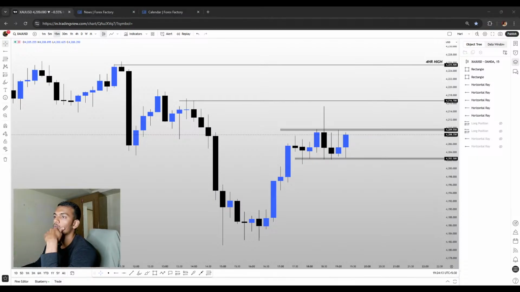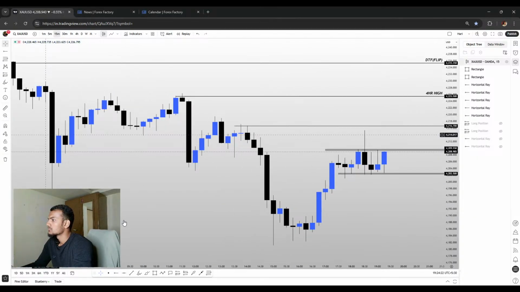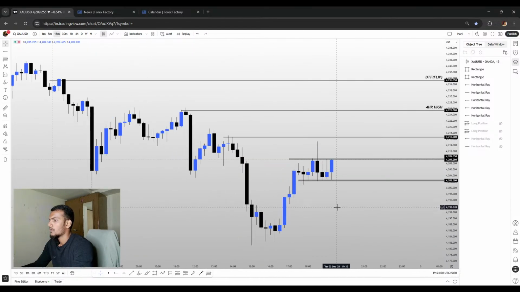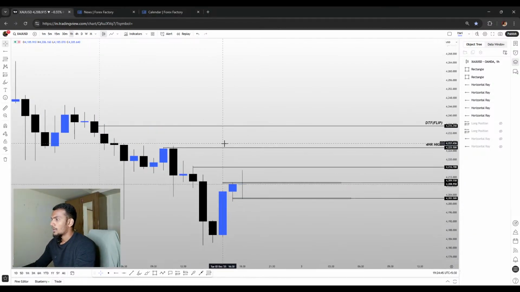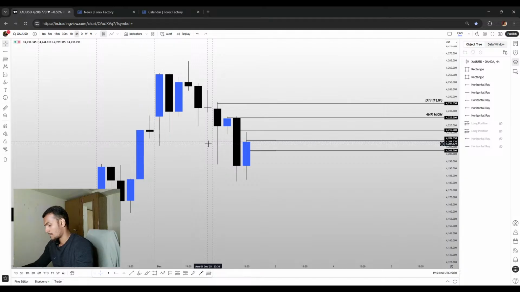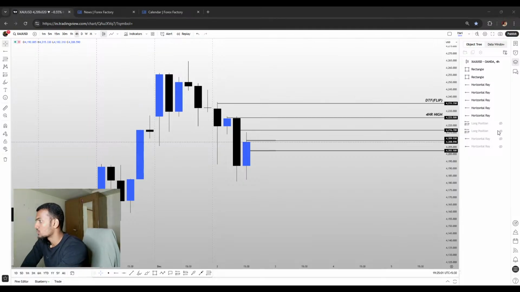What do you think? Is the price action going to be bullish or bearish? How do you think the price action is going to go for this session? Let me know your answers in the polls. And 5 more minutes to close in over here.